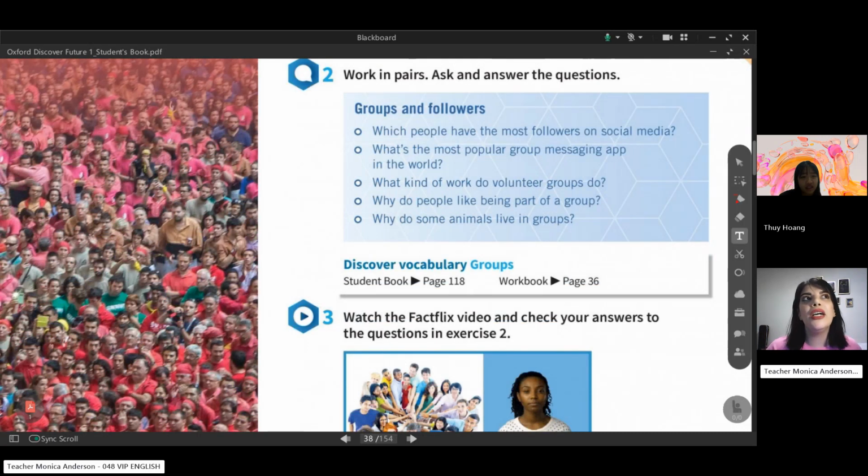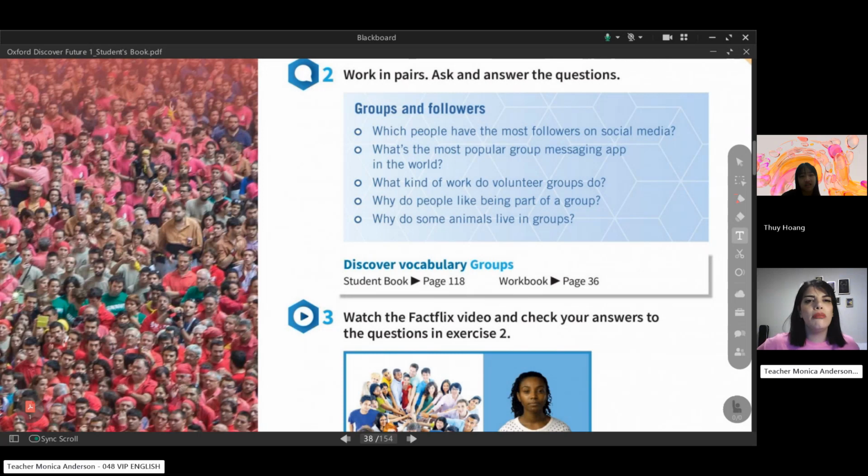Well, do you know social media? Do you know what actually the meaning of social media is? No? Okay, so social media, like Instagram or some other application, is what people use to communicate with each other.